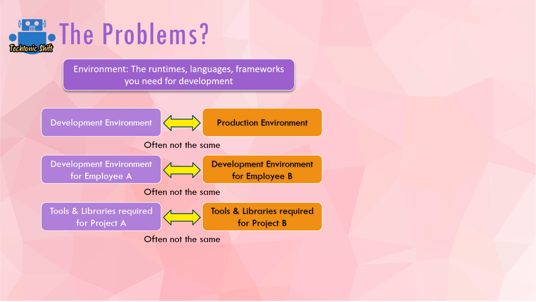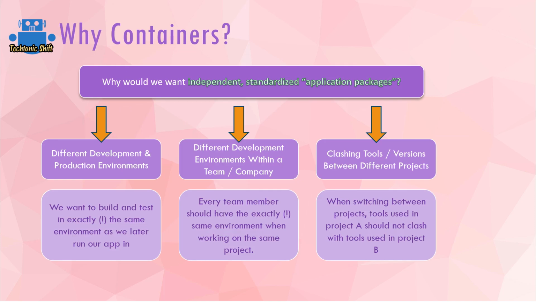There you would have clashing versions, and that means that whenever you switch from project A to project B, you have to uninstall the wrong version and install the right version. For example, if one project needs Node version 12, the other project needs Node version 14. If you switch project, you have to uninstall version 14, install version 12 instead, and vice versa. So switching between projects becomes a big hassle and is no fun at all.